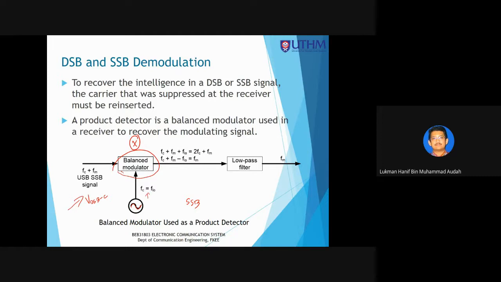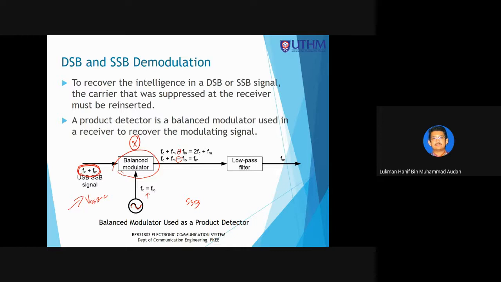So apa yang berlaku adalah yang pertama adalah ini kita terima upper sideband. We receive a single sideband upper sideband here from the input. So when the modulation process, when the output of the balance modulator, it will produce Fc plus Fm plus FLO. And also Fc plus Fm minus FLO. So dia akan menghasilkan sepasang pada output.